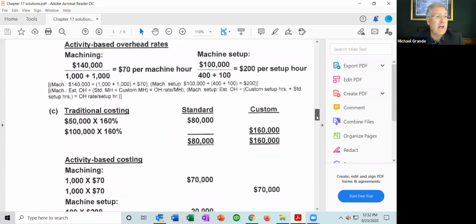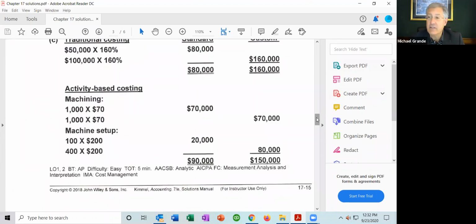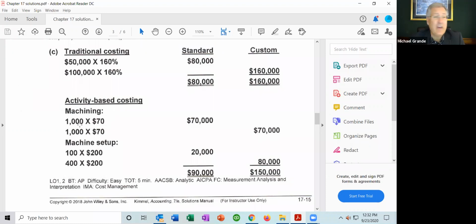So let's look at how it's allocated under activity-based costing. Remember, we've got activity rates. The first one is machining. The standard has 1,000 machining hours. We calculated the activity rate above to be 70, so $70,000 is allocated to the standard.